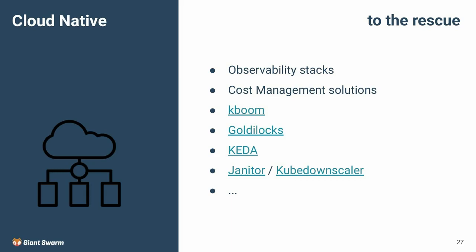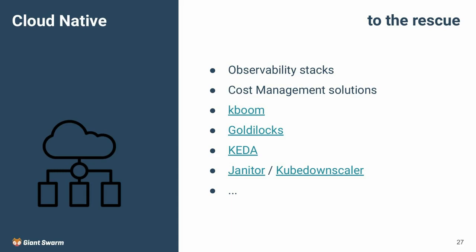Here I put things like Kaboom, which is a tool for load testing, because as I said at the beginning, resources are one of the hot topics in Kubernetes, how to define your resources. Kaboom lets you easily perform load testing on your applications in a Kubernetes native way and see how your application behaves with traffic in different scenarios, and then based on that you can start setting the resources.